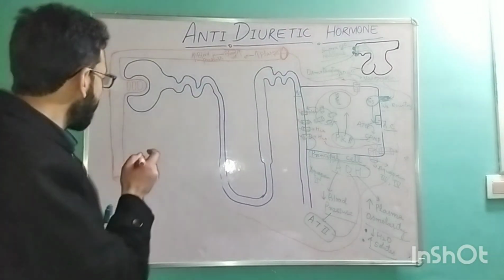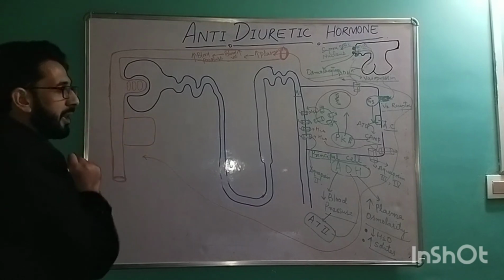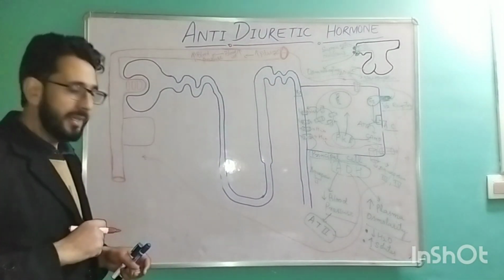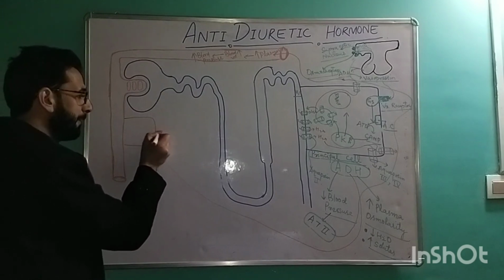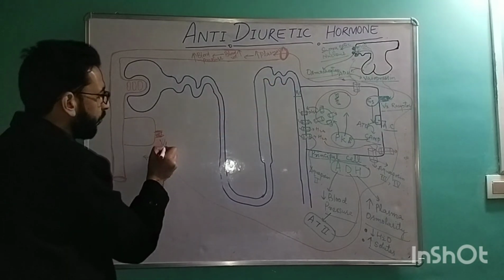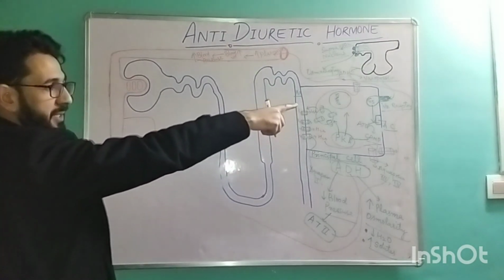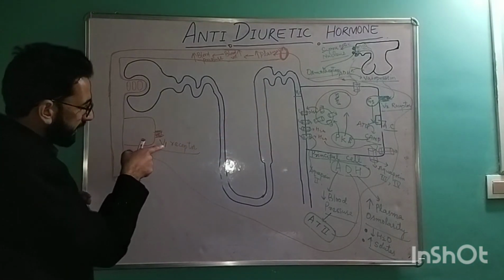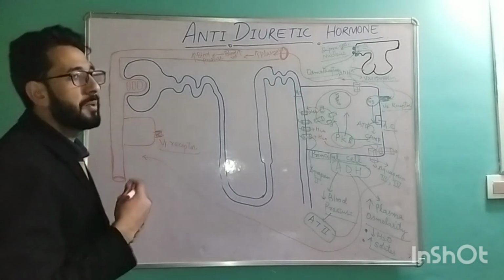Suppose here is one blood vessel, which contains smooth muscles, and suppose here is one smooth muscle cell. Now smooth muscle cells also have a special receptor on them, called vasopressin type 1 receptor. So we have seen the type 2 receptor in the principal cell of the collecting duct of the nephron, and here is the V1 receptor, that is vasopressin type 1 receptor, which is present in the blood vessels.